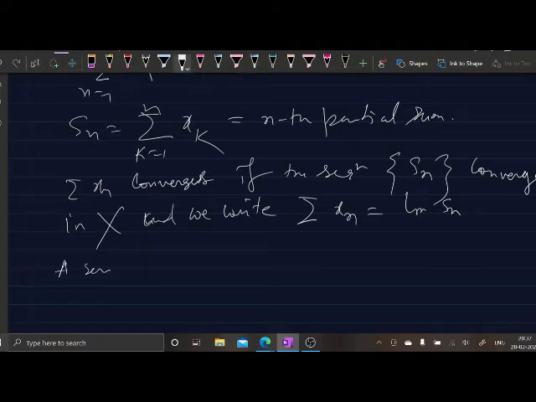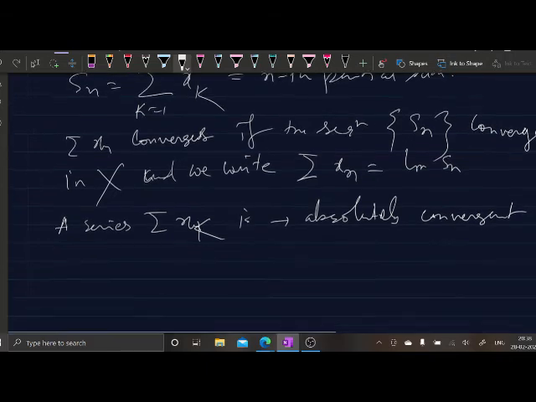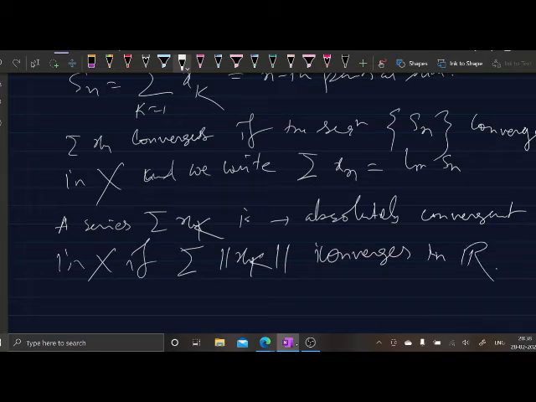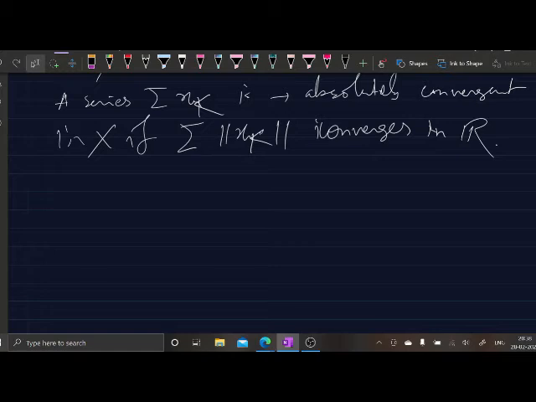So a series summation xk is said to be absolutely convergent in X if the series summation norm xk converges in R. Okay, and you can provide an example of a series in the real number space which is convergent but not absolutely, that is the summation of minus 1 to the power n by n. Okay, and then you can prove the theorem.